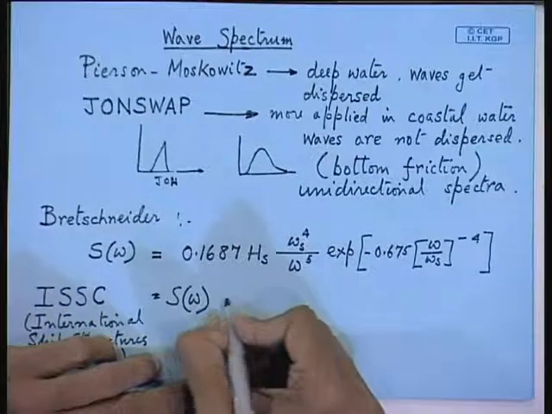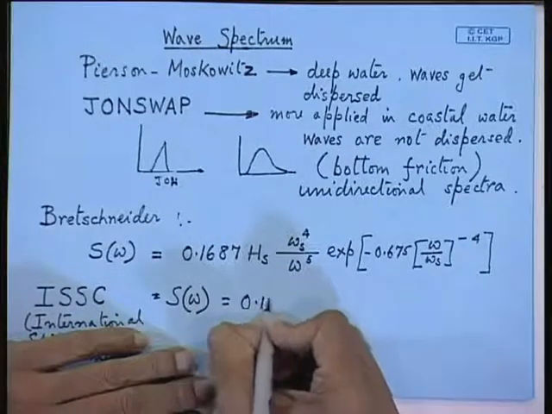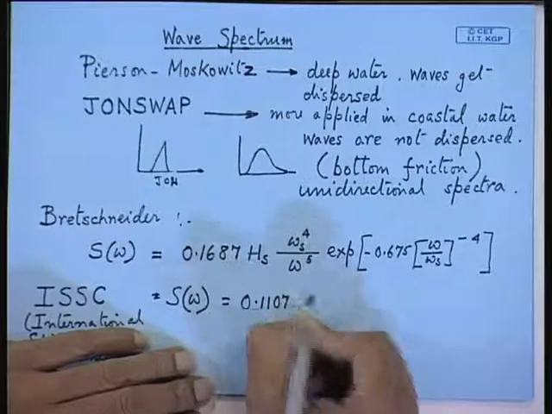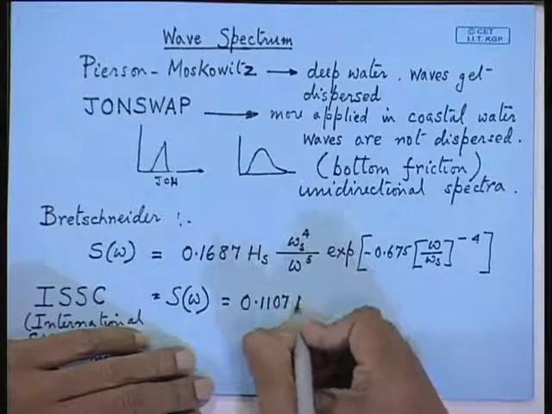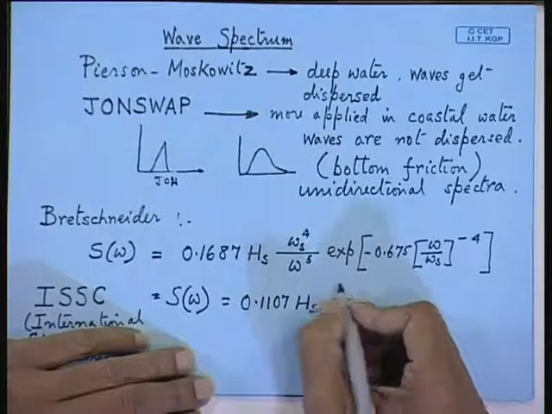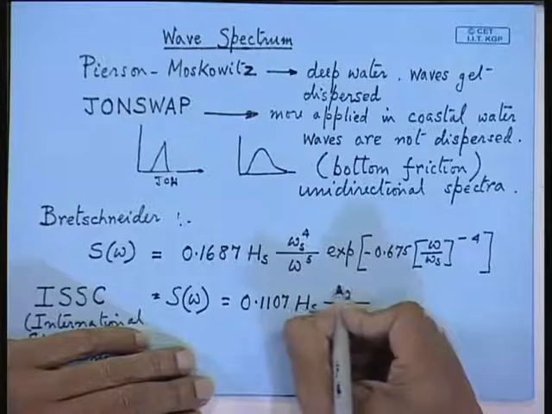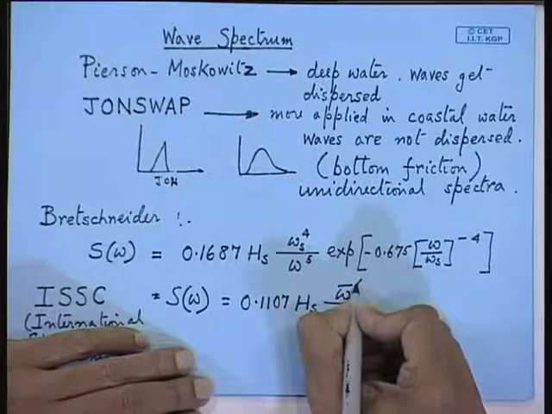So S omega is given as 0.1107, and this is HS. In our ocean engineering class, we are more interested in the behavior of offshore structures with response to the waves.